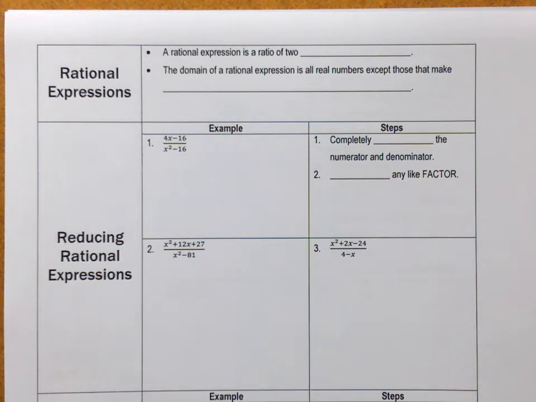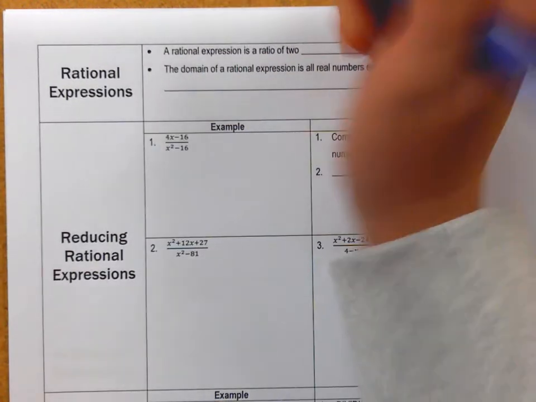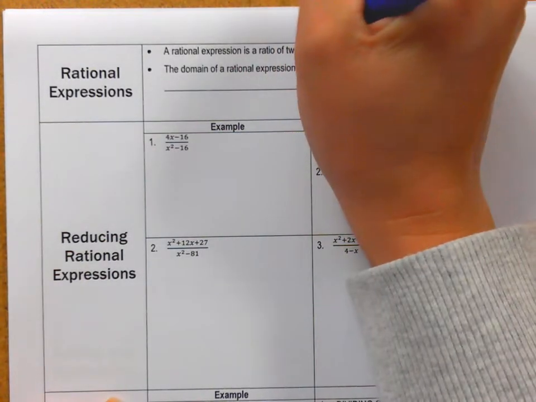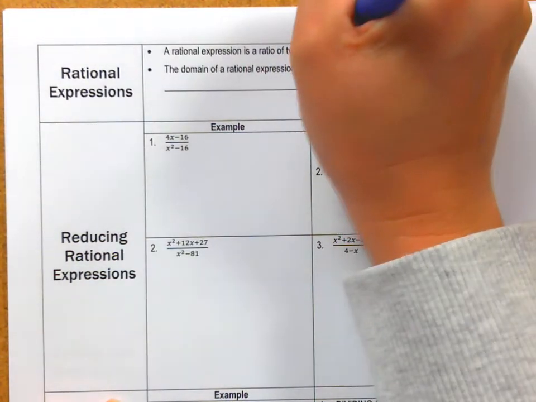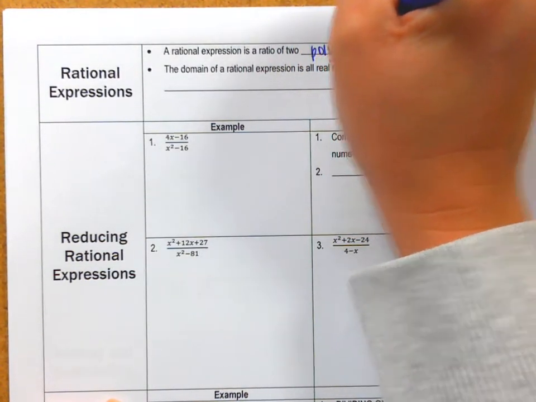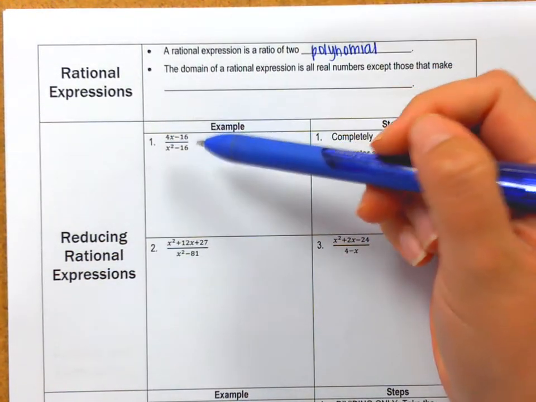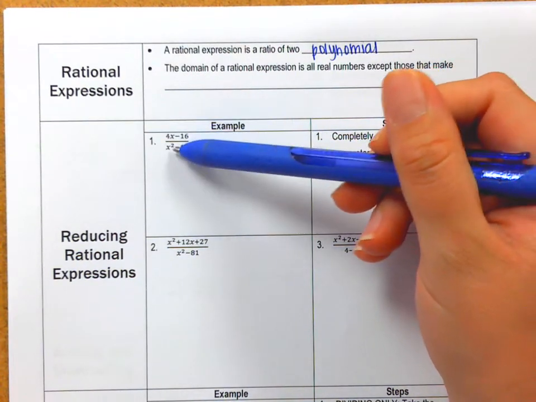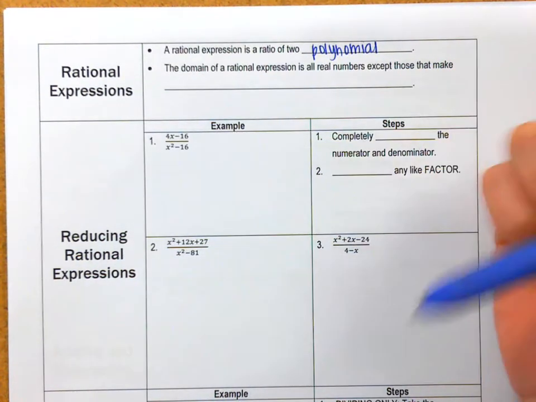We've seen rational expressions. We've been dealing with them last unit with domain. So a rational expression is a ratio of two polynomials, primarily a polynomial with a variable in the denominator. So if you look down here, notice how every single one has a variable in the denominator.